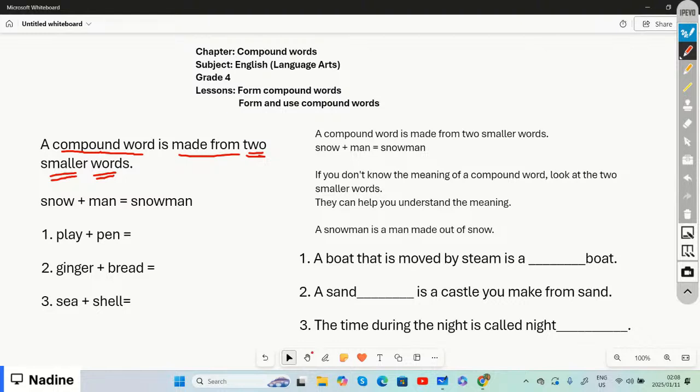So you have your two smaller words that can each stand on its own.